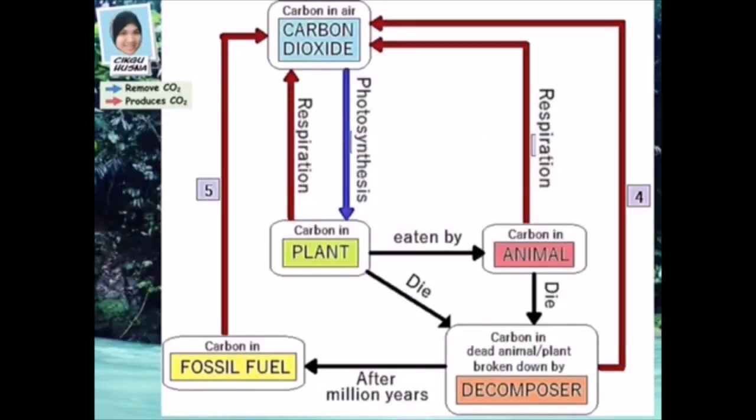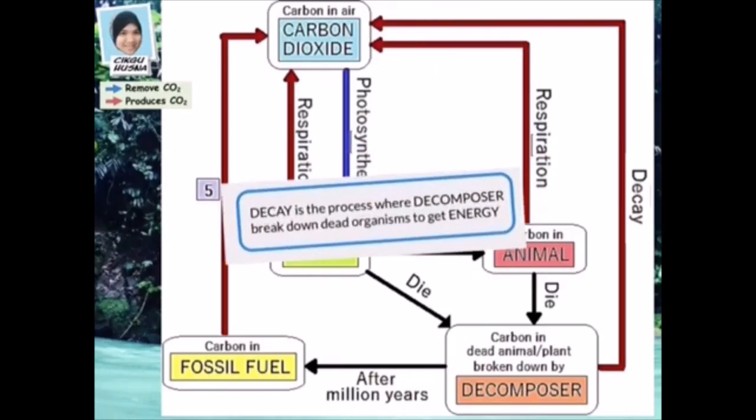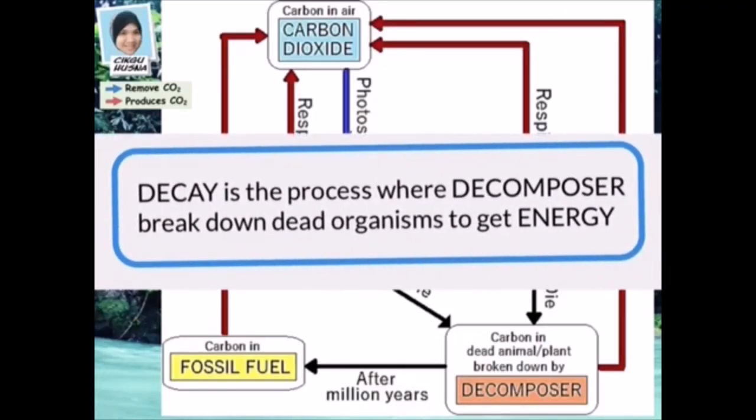Okay, and then the next one, process number 4 here. The decomposer will give out carbon back to the air. So the process is called decay. Decay is the process where decomposer break down dead organisms such as plant and animal to get energy.